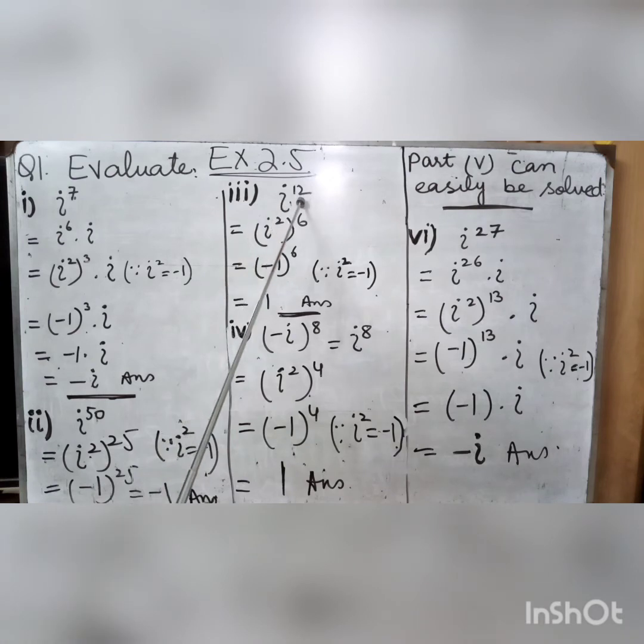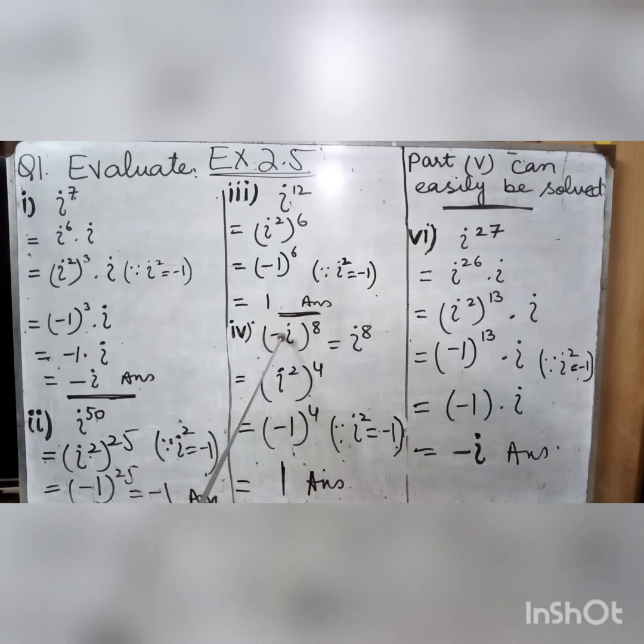Third part, iota 12. It can be written as iota square with exponent 6. As we know that iota square is equal to minus 1, therefore it becomes minus 1 raised to power 6. Since it is an even number, the negative sign changes into positive sign. 1 is the answer.